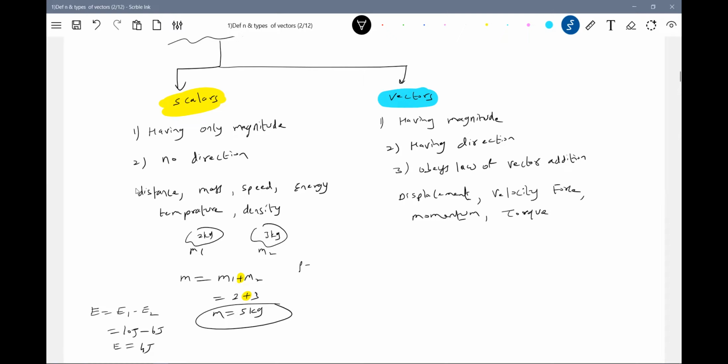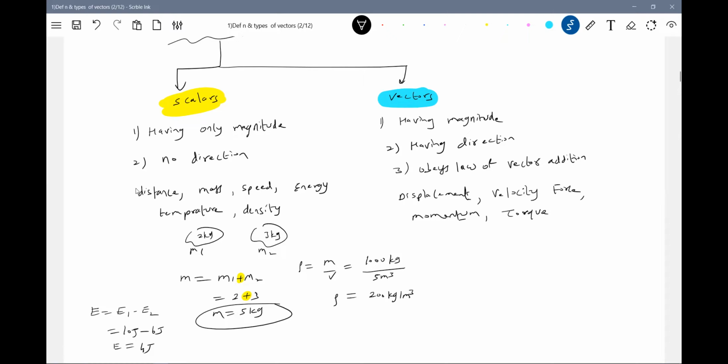Suppose density is equal to mass by volume. Mass is 10,000 kg. Volume is, say, 5 meter cube. Then how much will it be? 200 kg per meter cube.